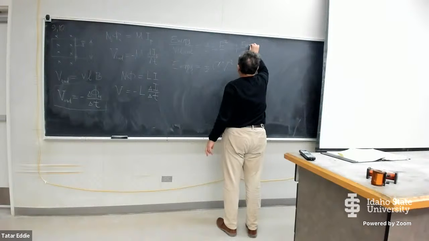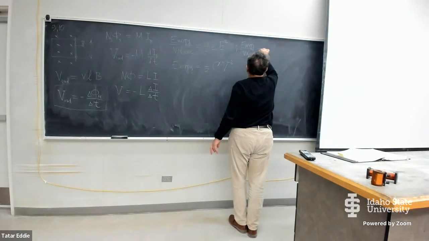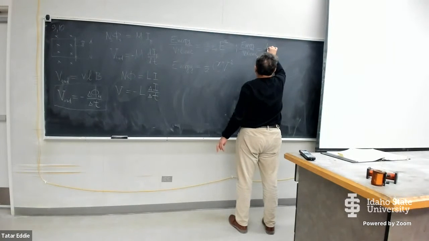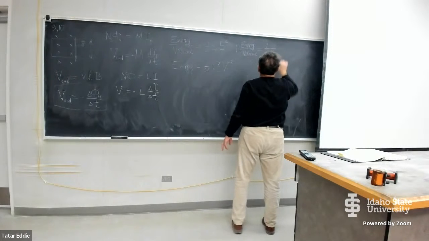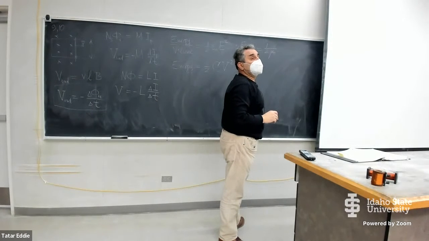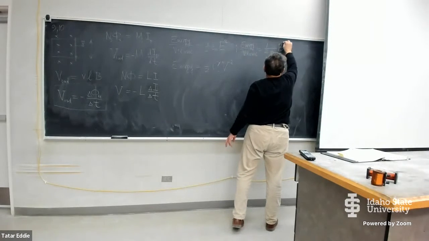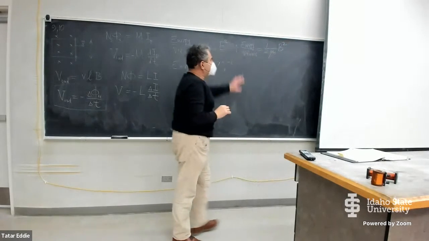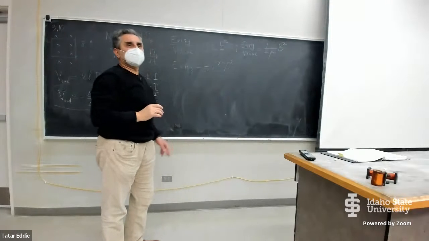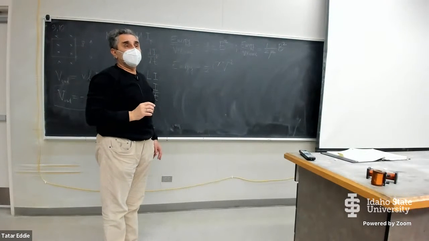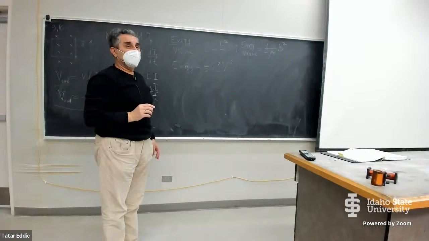Energy per unit volume is equal to 1/2 the inverse of the magnetic permeability of air or vacuum times the magnetic field squared. So pretty much the same structure of the formula for energy density.